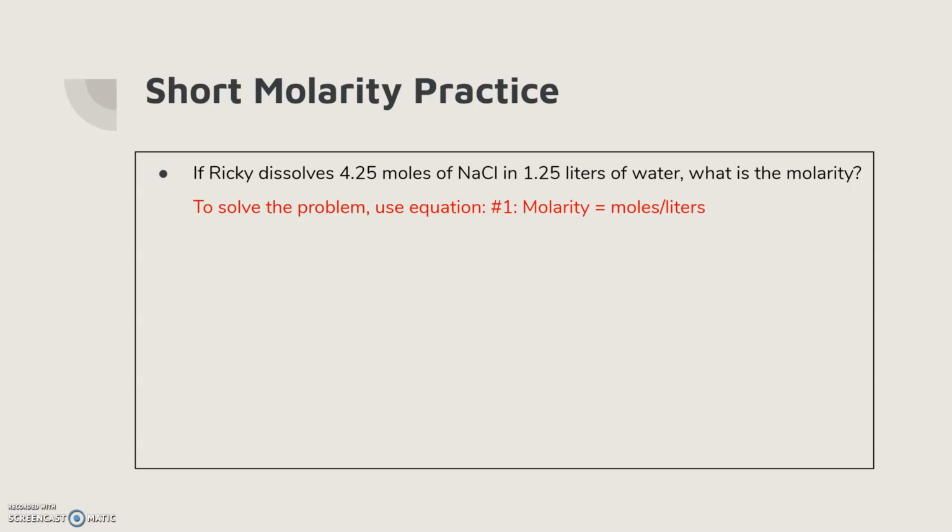Molarity equals moles divided by liters. Ricky has 4.25 moles, and we are dividing it by the solvent, 1.25 liters of water. This is a division problem. We obtain 3.4 molarity.